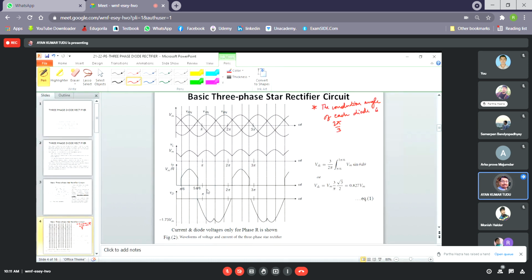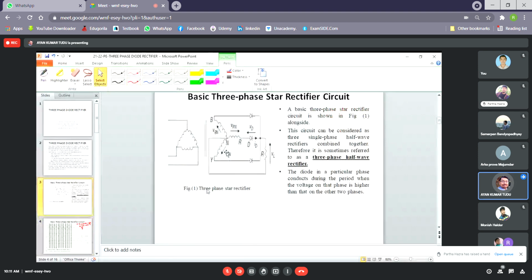Please remember that this star rectifier circuit is used where we require that the DC output voltage is low, and the required output current is large for a practical single phase system.